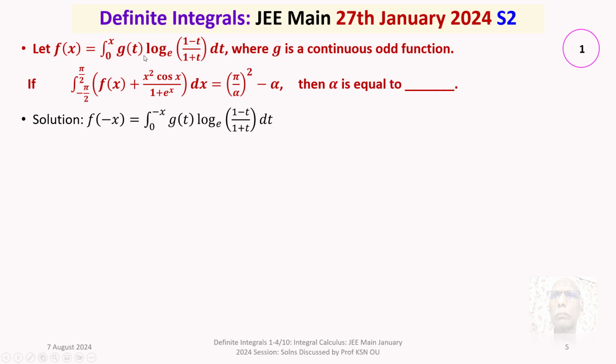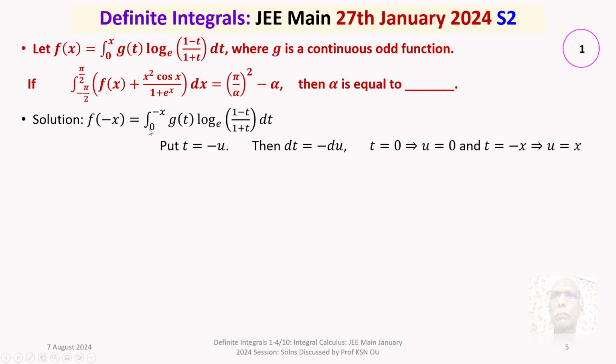the integral 0 to minus x of g of t log base e of (1 minus t by 1 plus t) with respect to t. Now substitute t is equal to minus u. If t is minus u, dt will be minus du, and the limits of the integration will change. t is equal to 0 will imply u is equal to 0. t is equal to minus x will imply u is equal to x.